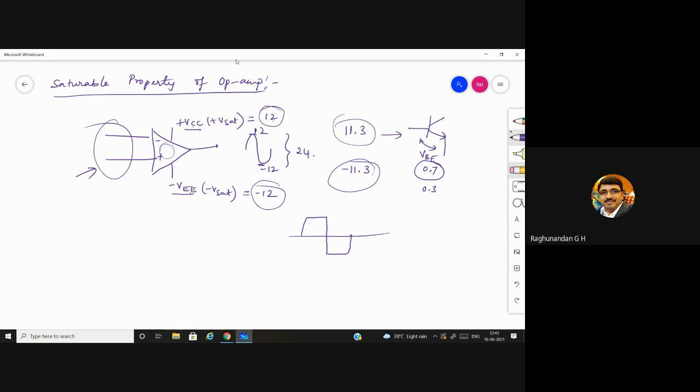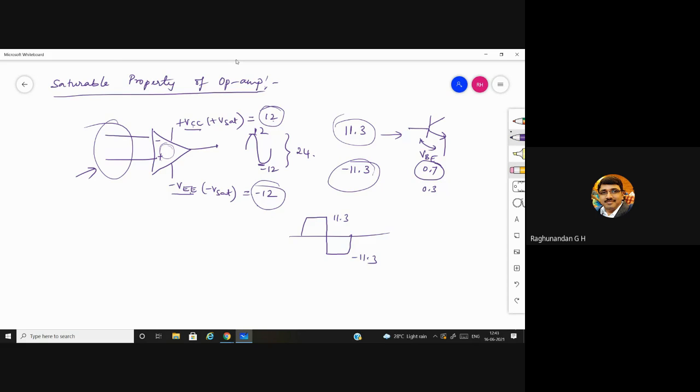If you have time, you can check in Multisim or any other software. It will start clipping off the level because it will not allow above this range, that is 11.3 and minus 11.3. You might increase whatever input you can, the output will not go beyond this.